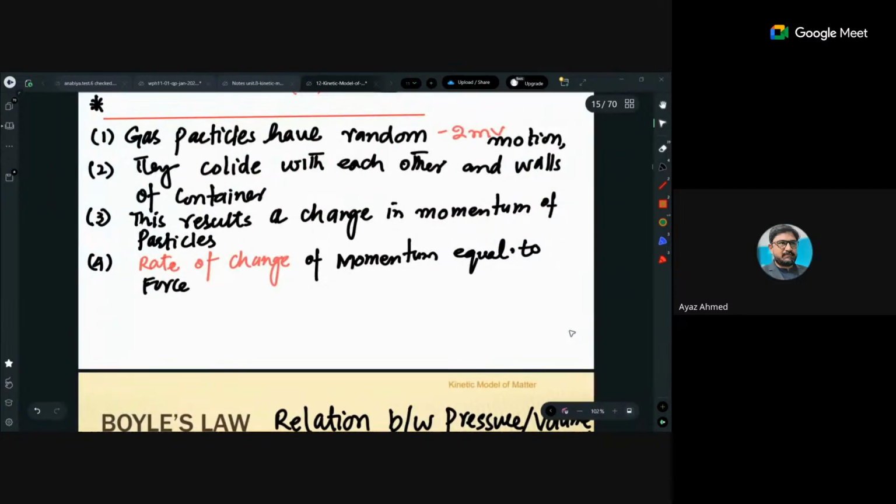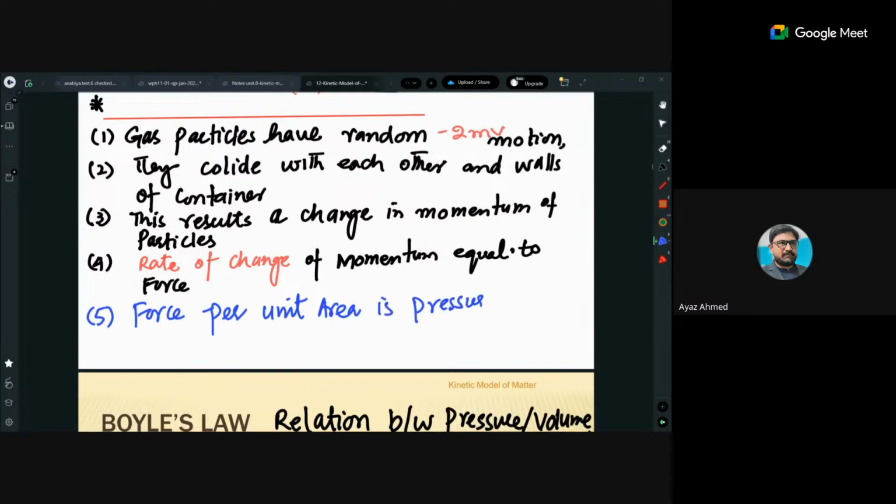Okay, so I was writing that the rate of change of momentum is equal to force, and force per unit area is pressure. Are you getting my points? So total pressure is due to the sum of all the forces exerted by the particles.